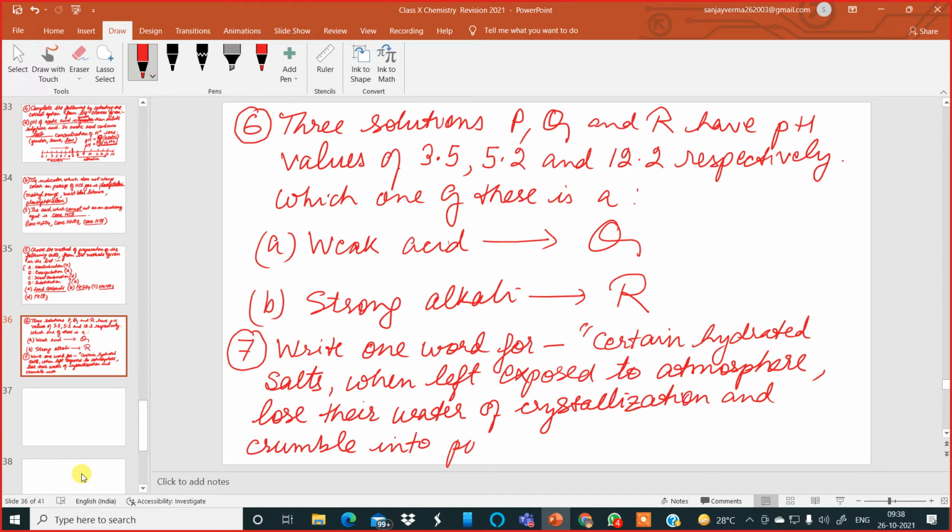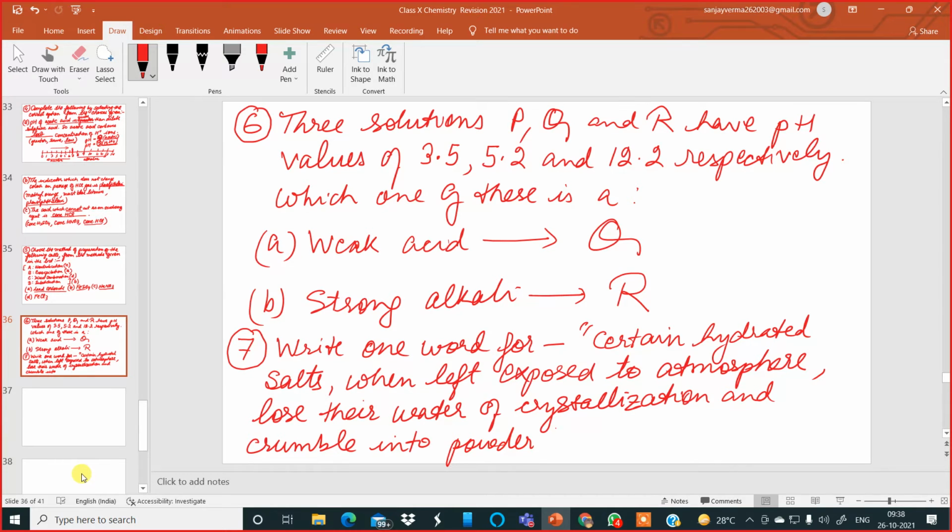So what is that one word for this sentence?